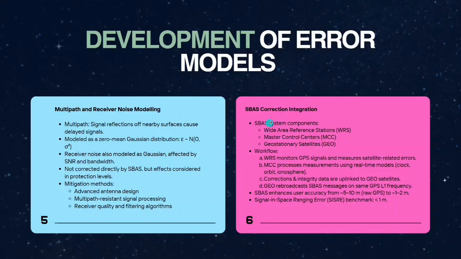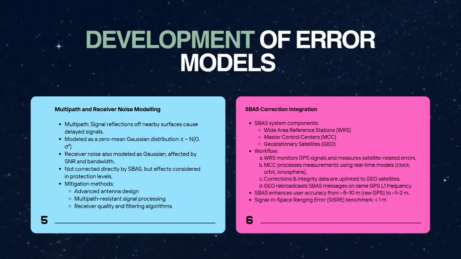And last but not least is the SBAS correction integration. The SBAS system has three components: wide area reference stations, WRS, master control center, and geostationary satellites. How it works is that WRS monitors GPS signals and measures satellite-related errors. The MCC processes the measurements using real-time models. The correction and integrity data are uplinked to GEO satellites.